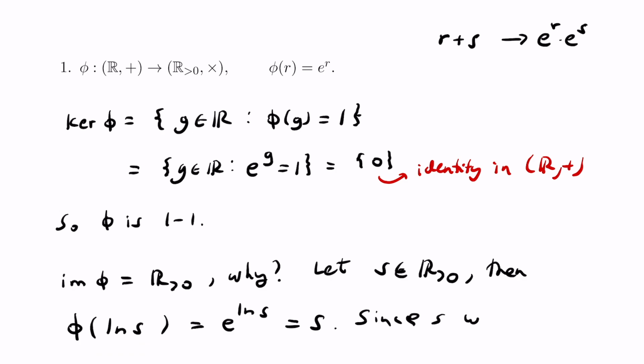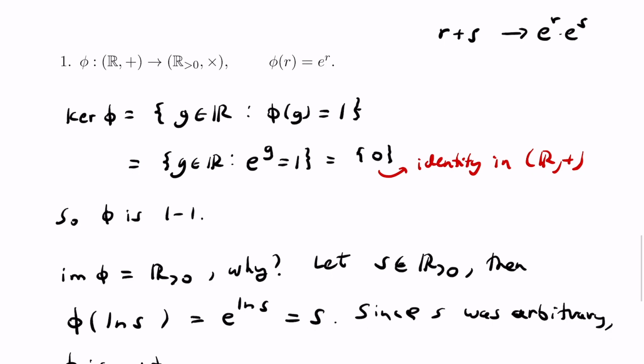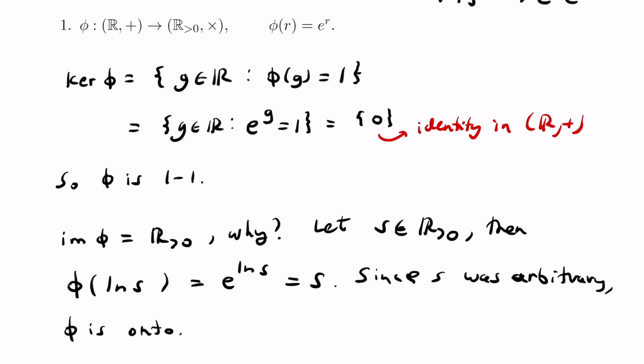Since s was arbitrary, phi is onto. Great. So phi is an isomorphism.